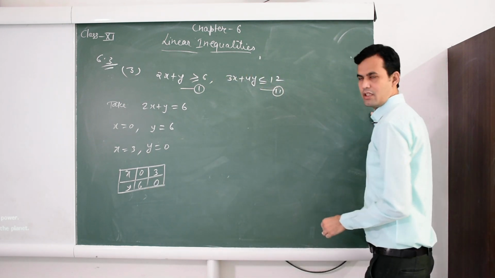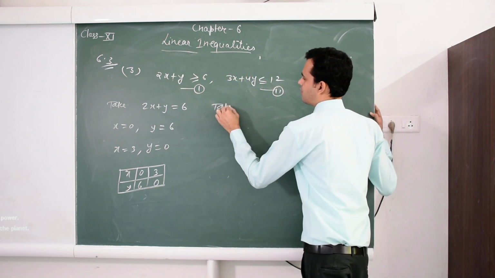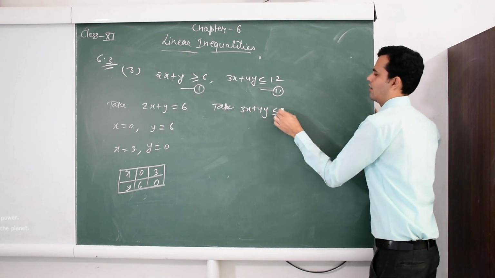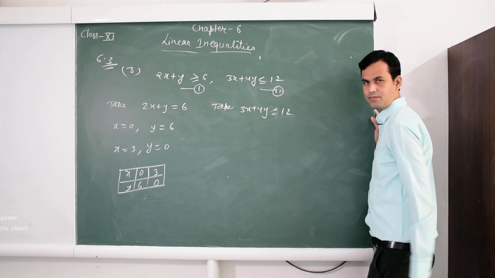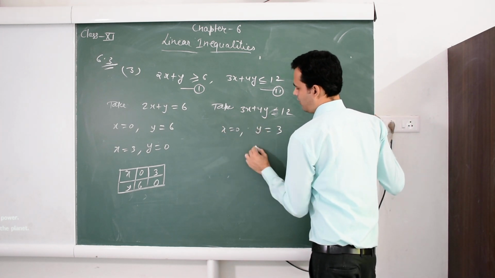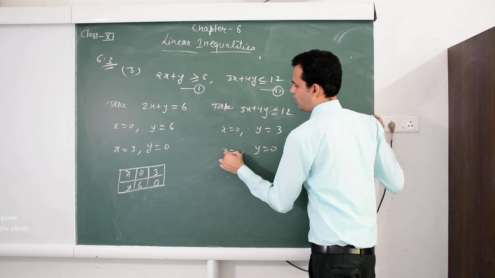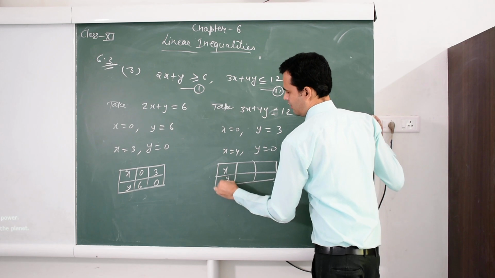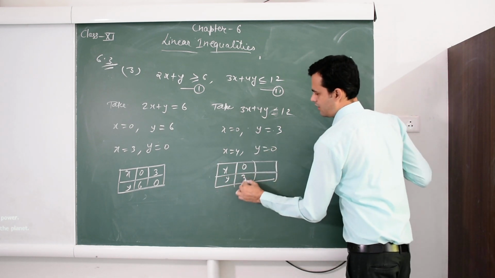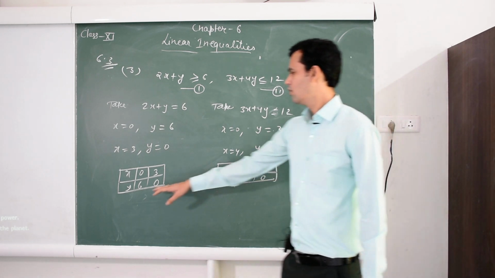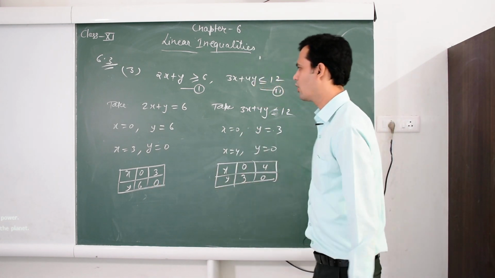For the second equation, again we take 3x plus 4y equals to 12. Put x equals to 0, so y equals to 3, and y equals to 0, then x equals to 4. So x 0, y 3, and x 4, y 0. These are the solutions of both equations.